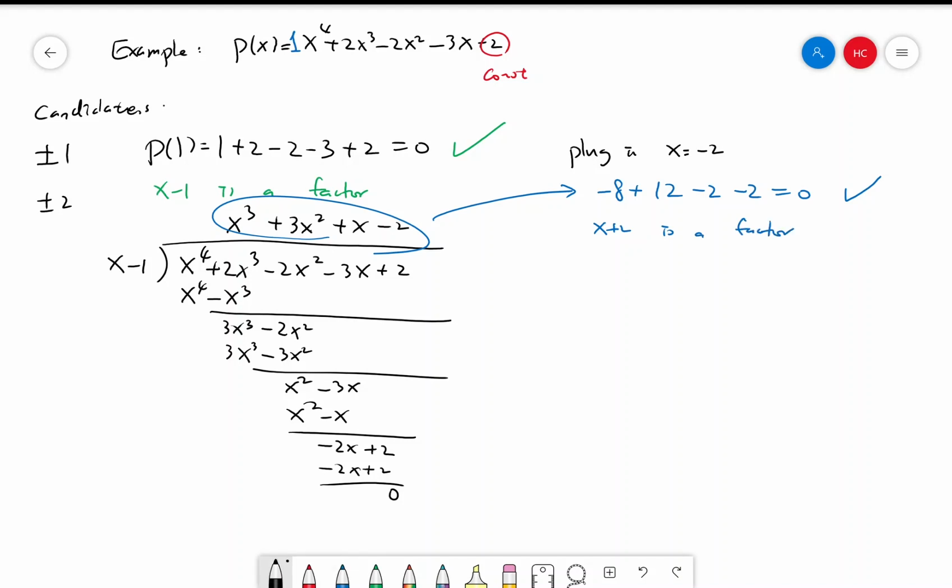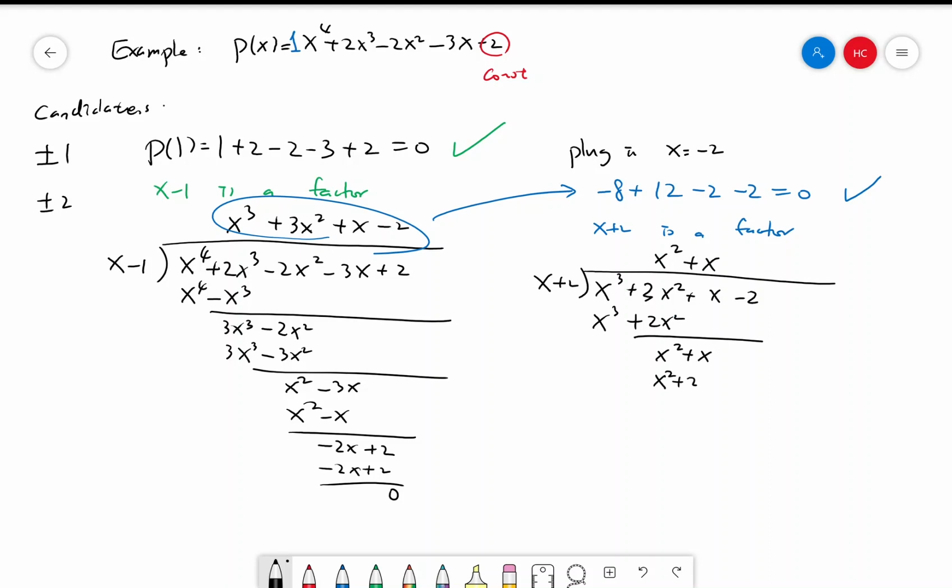So again, we can use long division to divide this cubic by x plus 2. We get x squared plus x minus 1, and the remainder is 0. Okay, so now we have factored out x plus 2.